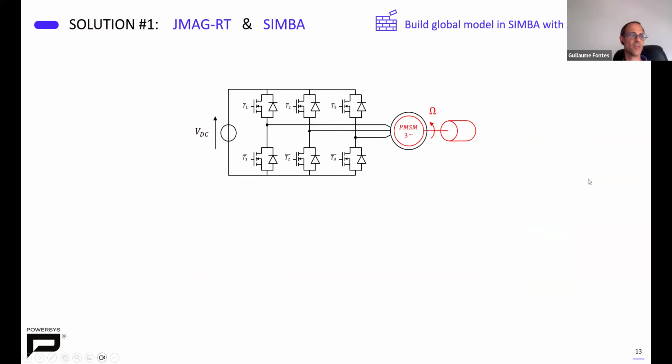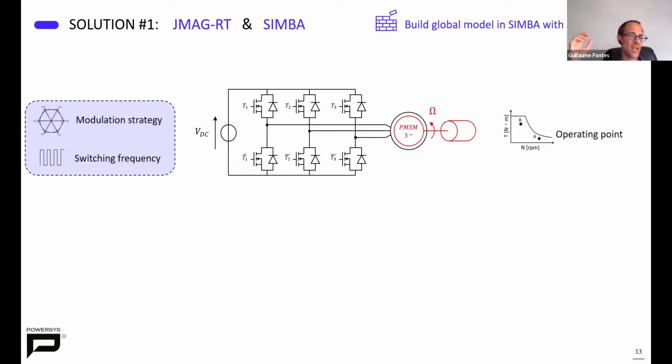Yes, that's perfect. So for this first solution, we're going to consider the complete electric drive model in SIMBA using a JMAG-RT model. For this example, we're going to consider a PMSM on two operating points and with two modulation strategies and different switching frequencies.